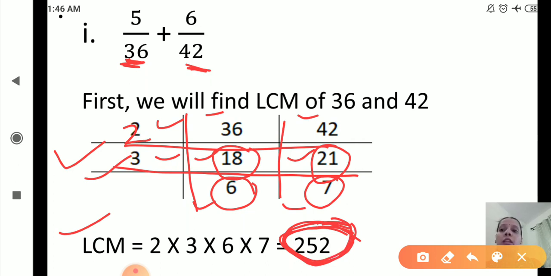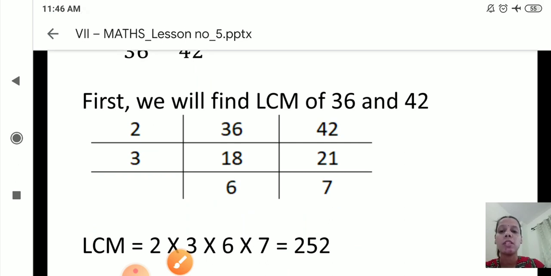And then you will make the table for 42 till you get 252. I hope you understood this. As the LCM of 36 and 42 is 252, you will make the table for 36 and 42 till you get 252. Now we'll see the next step.